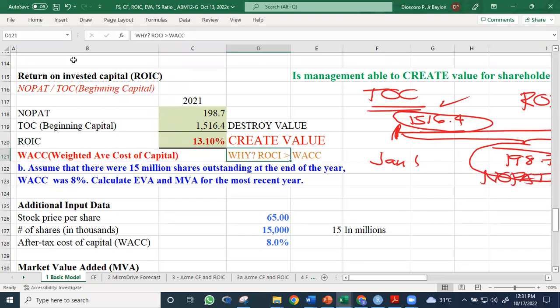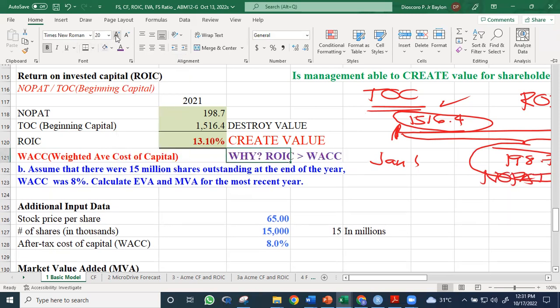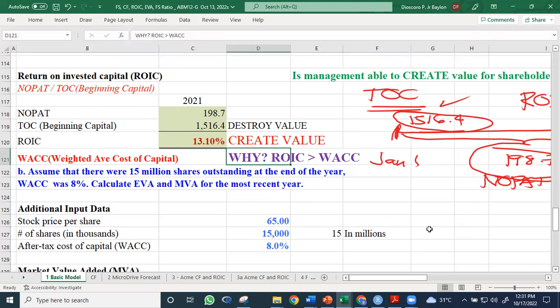So yung weighted average cost of capital class, of course, kino-compute yan. Management, particularly finance, is responsible to determine what is the weighted average cost of capital. Okay, so that's the answer there. The management was able to create value and not destroy value since the ROIC is greater than the weighted average cost of capital.